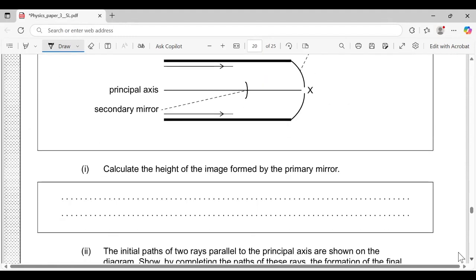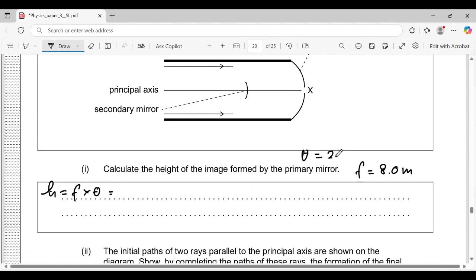Question: calculate the height of the image formed by the primary mirror. So I will use the formula H equals F times theta, where F is 8.0 meters, while theta.